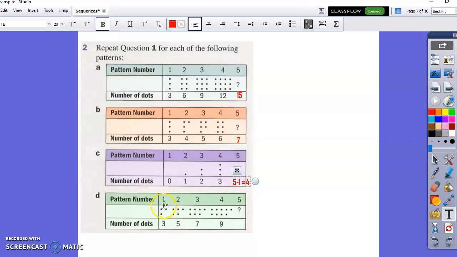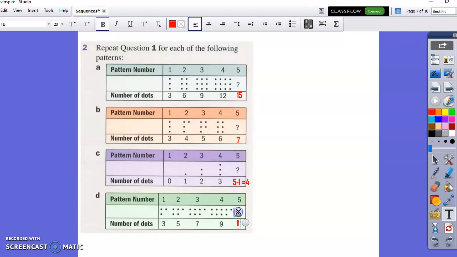Here we have, for example, 1, 3, 2, 5, 3, 7, 4, 9. Again, what is the difference? For 1 I have added 2, for 2 I have added 3 points, for 3 I have added 4, so the rule changes in each term. For 4 I have added 5, for 5 I will add 6, so this one will be 11 points.